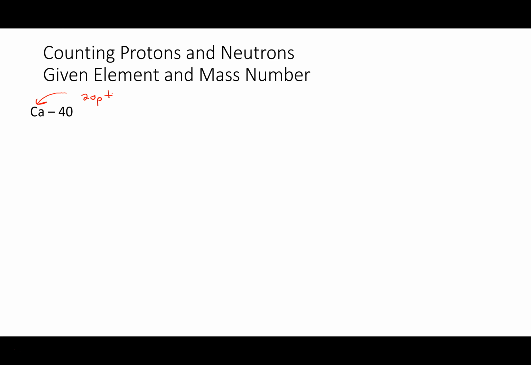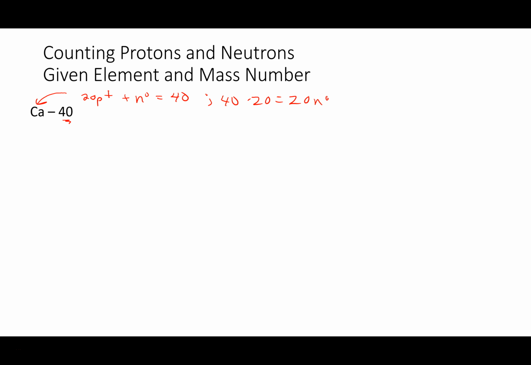Okay, so I'm back to you, Melissa. Protons plus neutrons, and that's what I'm trying to find out, is equal to 40, because that's the mass number. So how many neutrons does it have? 20. Very good. 40 minus 20 is equal to 20, so it has 20 neutrons.